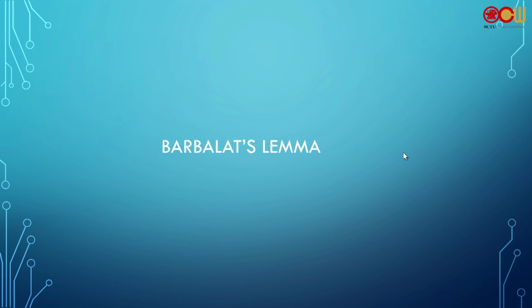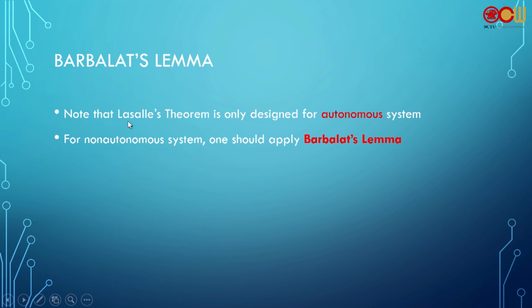Barbalat's lemma, the last lemma before we head into the controller design section. We have introduced LaSalle's theory, but that's only for autonomous systems, systems that do not explicitly depend on time. How about if I give you a non-autonomous system?